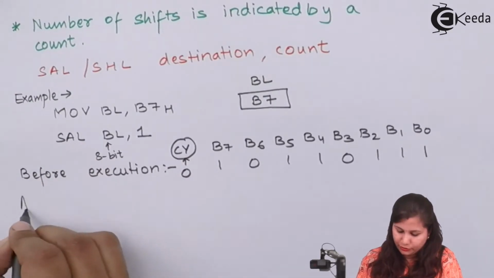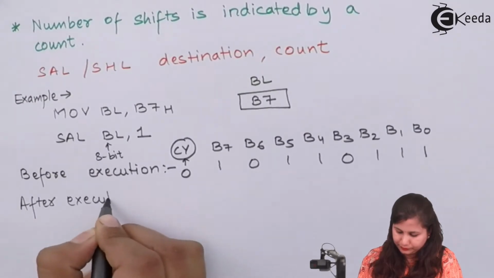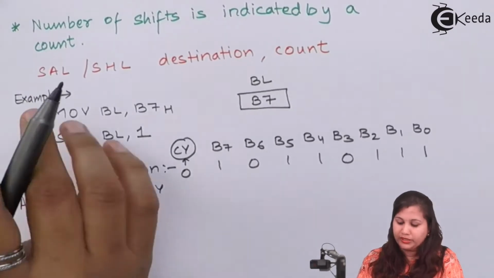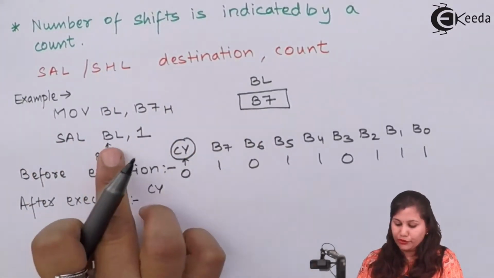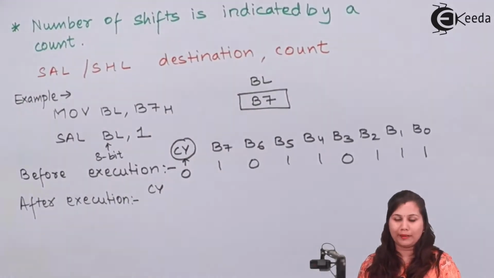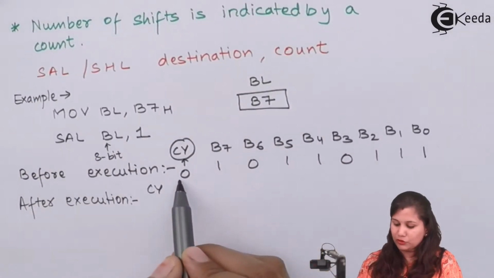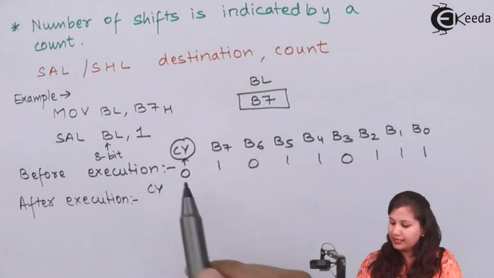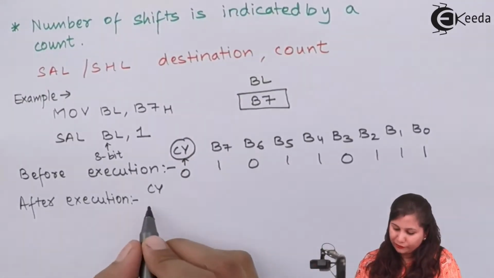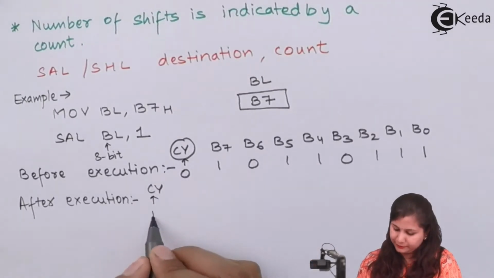Now after execution, what the instruction says is that you have to shift the BL register to the left side by one position. So all the bits will be shifted and the MSB will be stored in the carry flag and the LSB is made as 0. So now this 1 will be shifted into the carry flag.